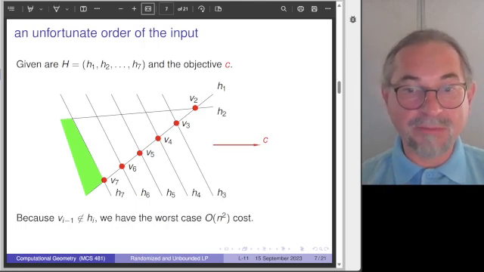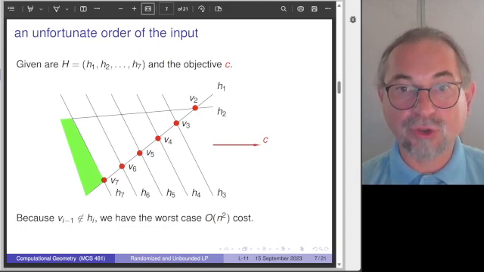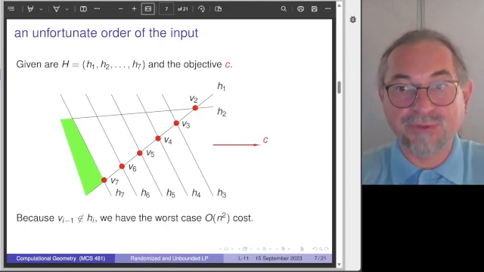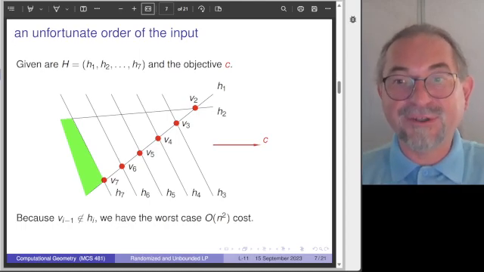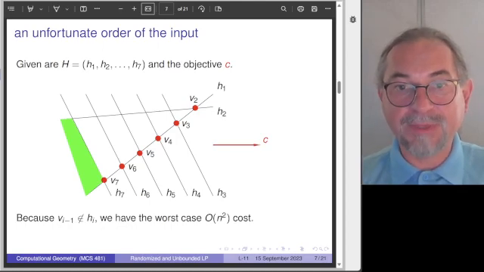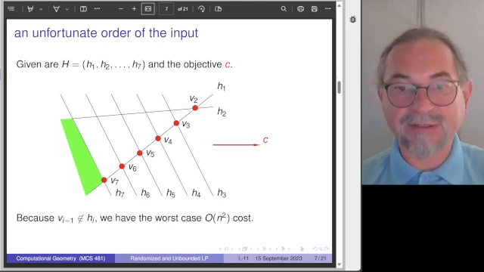So adding this all up with this unfortunate order, we have a quadratic cost, where n is the number of half planes. This is very unfortunate because we know we could actually solve the two-dimensional linear programming problem by constructing a convex hull, and that works in n log n. Then it's just a linear ordering of all the vertex points, ordered by their value at the objective.